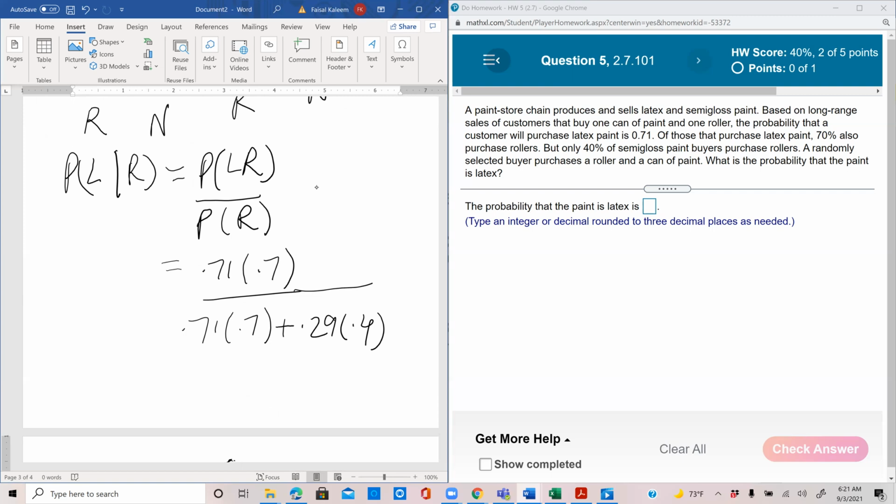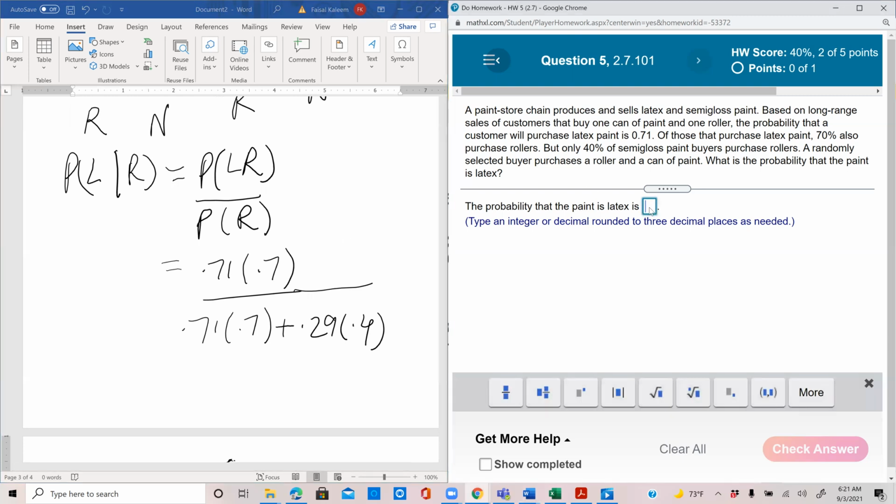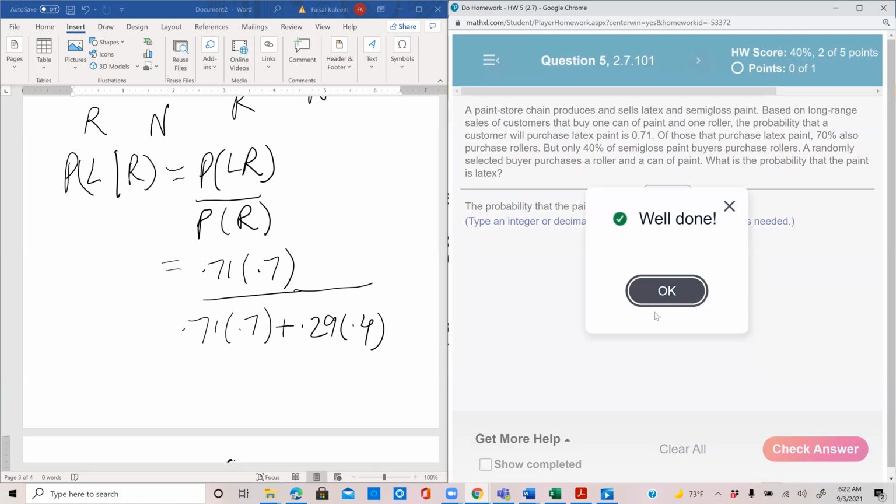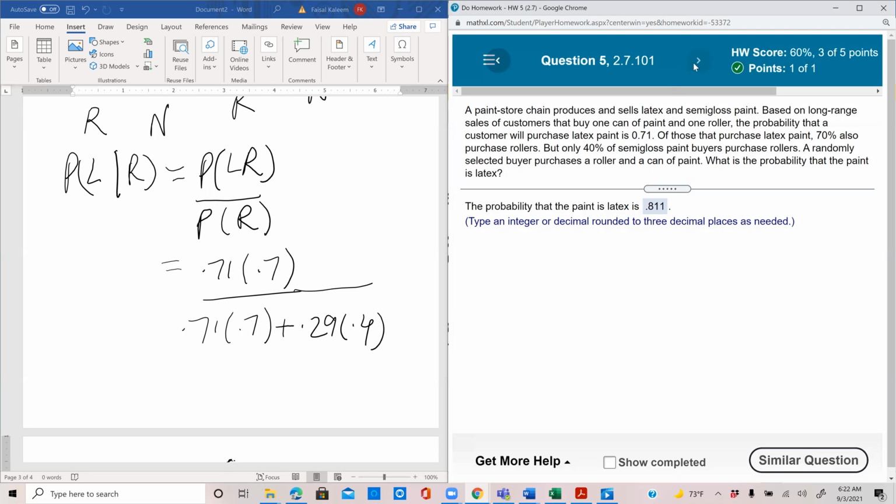And this ends up in 0.811. So basically, that ends this homework.